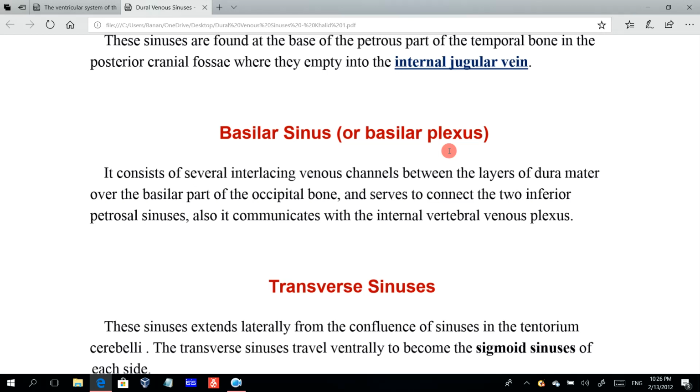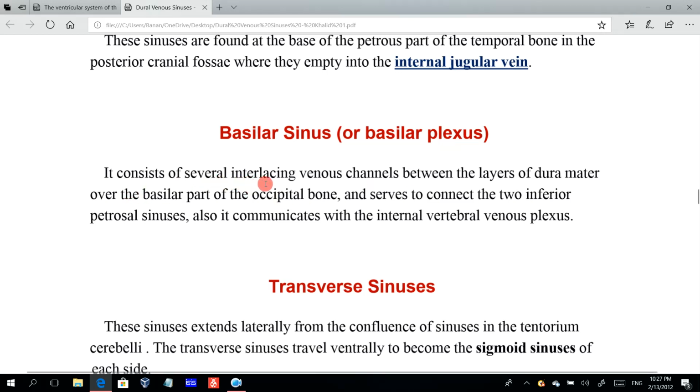If you look at the skull from inside, at the foramen magnum, in front of the foramen magnum there is the basilar part of the occipital bone. So along the basilar bone we also have a plexus of venous channels on this bone, and this is called the basilar sinus or basilar plexus.